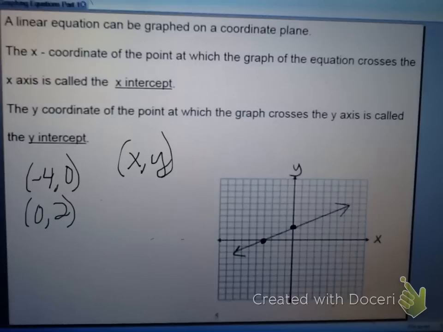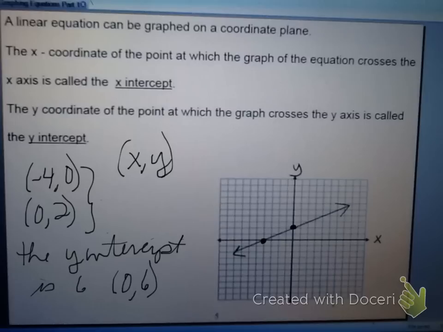So anytime you have to identify the x-intercept and the y-intercept, you must give it to me in an ordered pair. The book might say something like the y-intercept is 6. Well, you right away write it as an ordered pair. Just get in that habit right away.